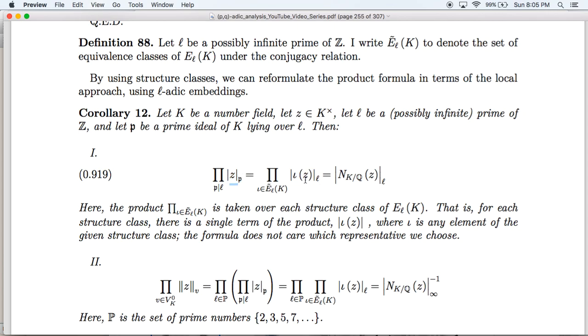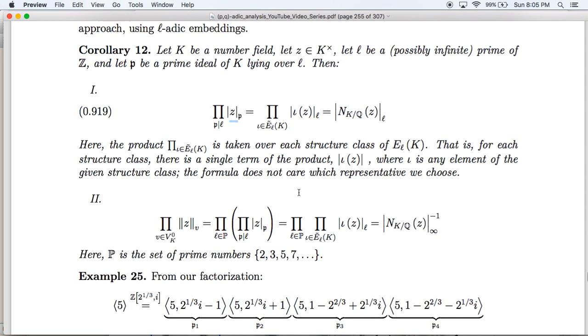We get this by taking the product of the L-adic absolute value of the image of Z under an embedding iota, and we pick one embedding iota for each structure class of E_L(K). And then this is going to be the same thing as the L-adic absolute value of the field norm of Z. And so if we look at just the finite primes, we have the following.